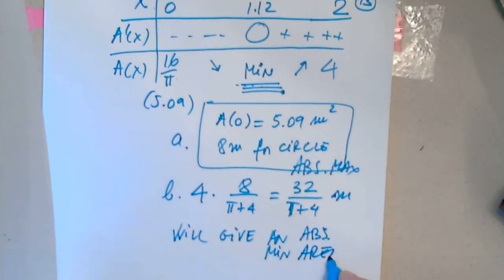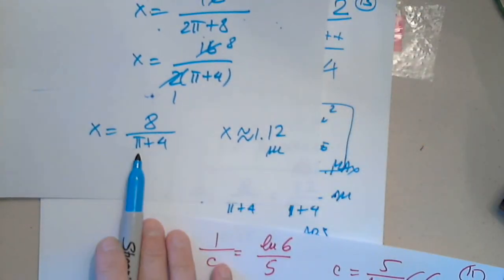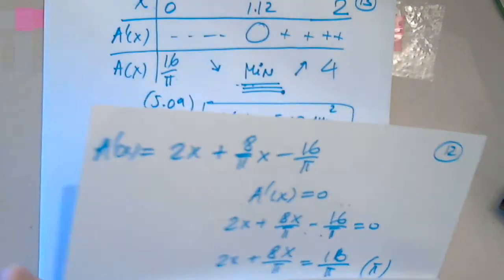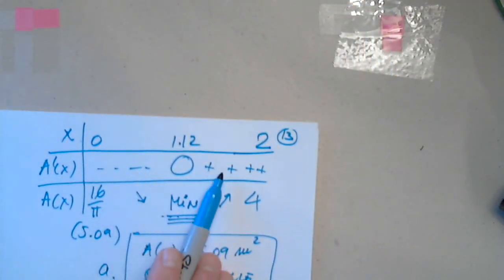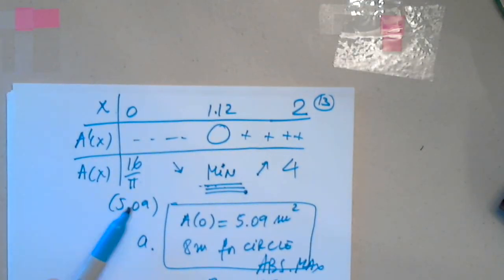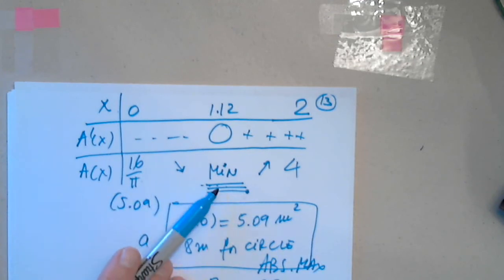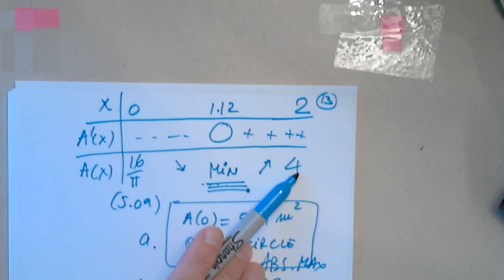Minimum area. So the function itself gave us the minimum, and we knew that this was the minimum. We studied the sign, there was no question there. And this number is greater than this, so this must be the absolute max. This must be the absolute min and local min, and this must be nothing.